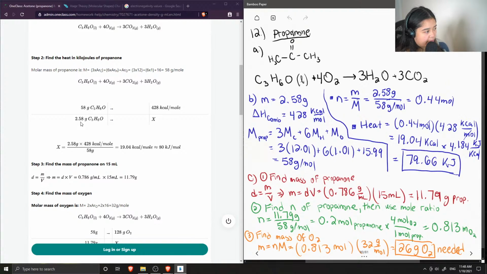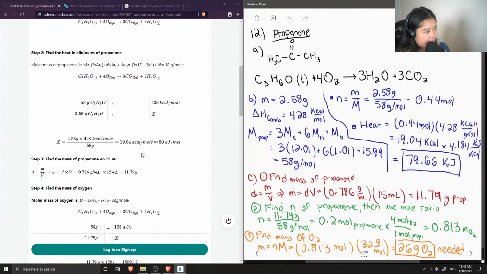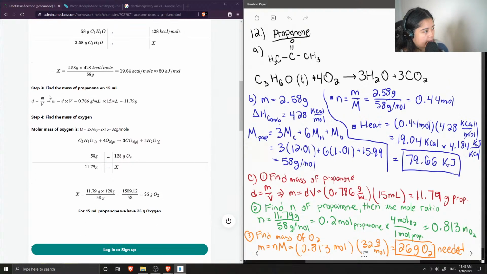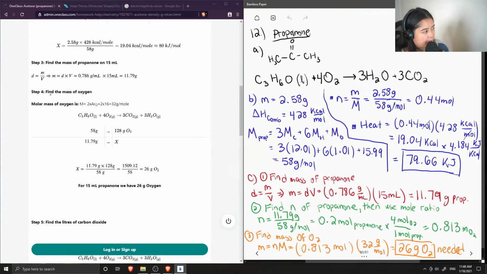So 2.58 grams of propanone produces 19.04 kilocalories, which is also around 80 kilojoules. Step 3 is to find the mass of propanone in the 15 milliliters. So they got 11.79. And then by using molar ratios, calculate the mass of oxygen.